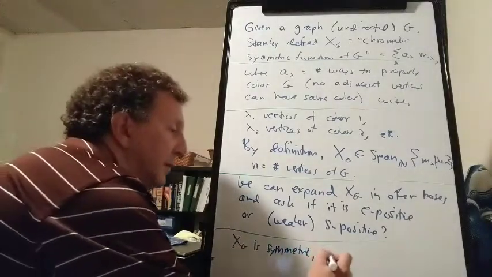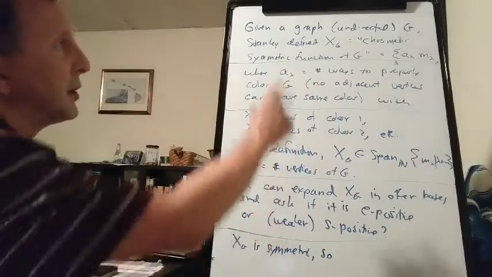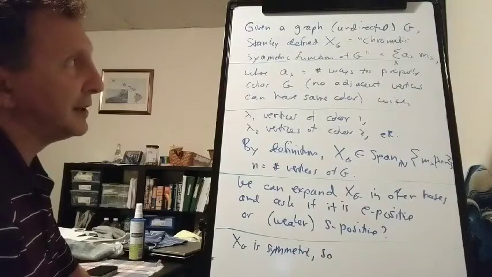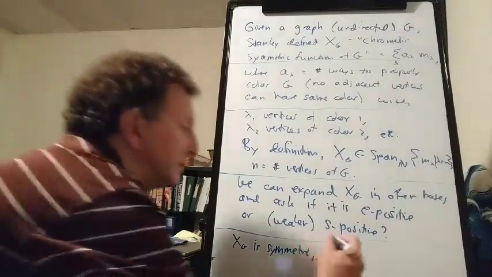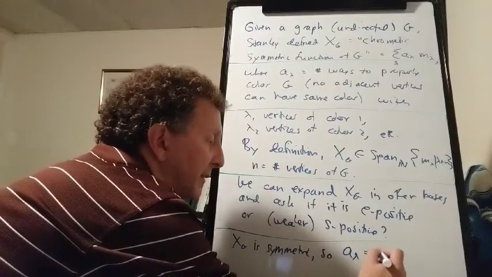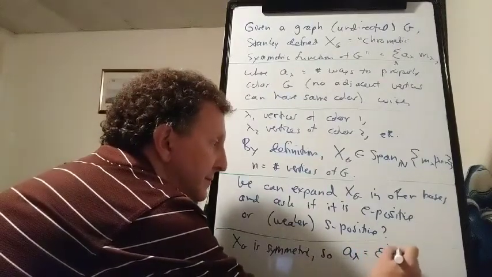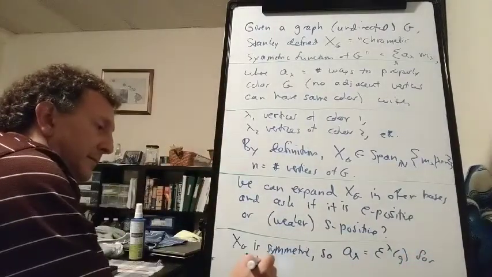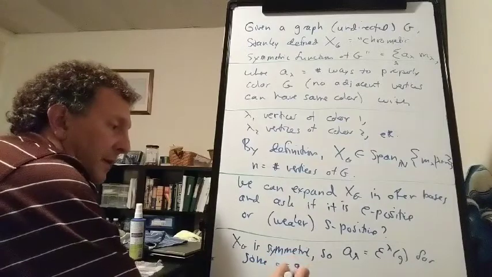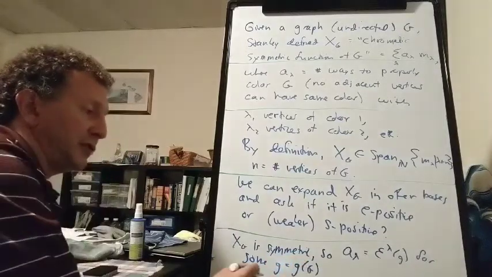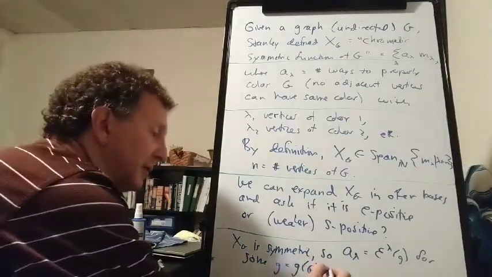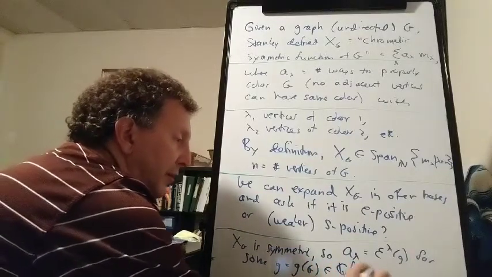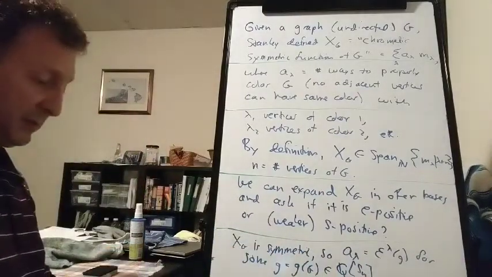So that means that the coefficient of m lambda is an induced sign character evaluated at something, some element little g that depends on the graph capital G in the symmetric group algebra with rational coefficients.